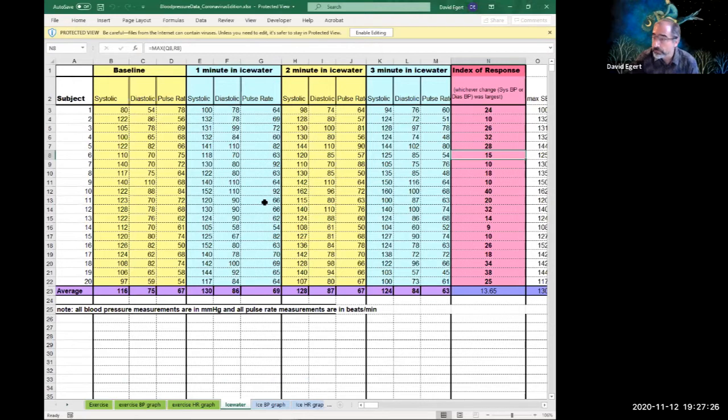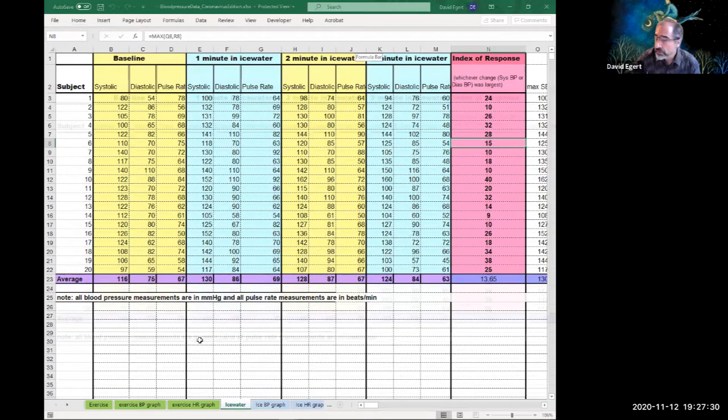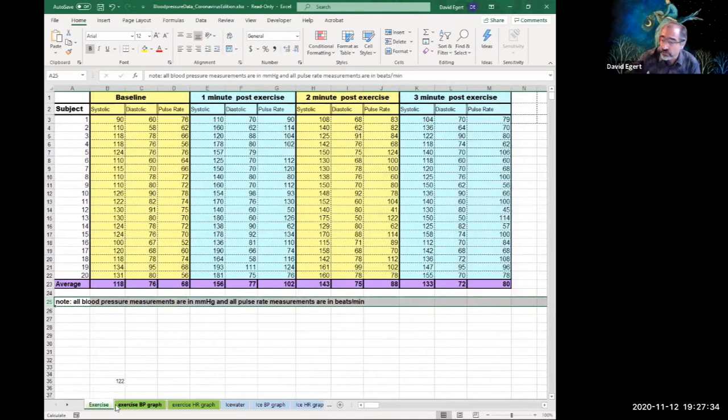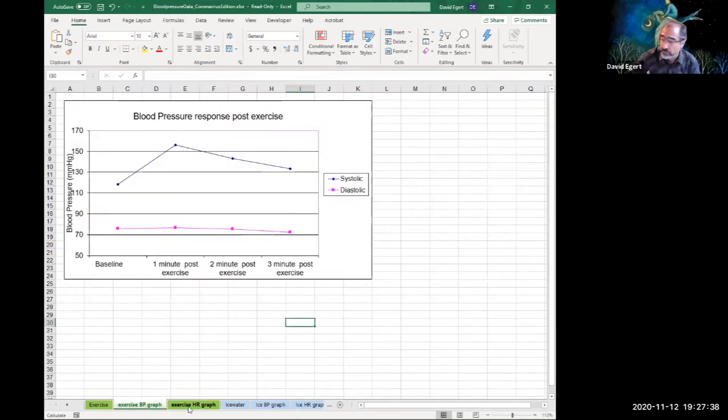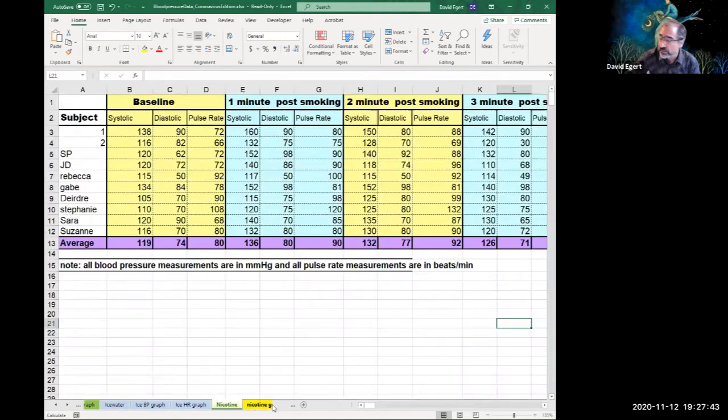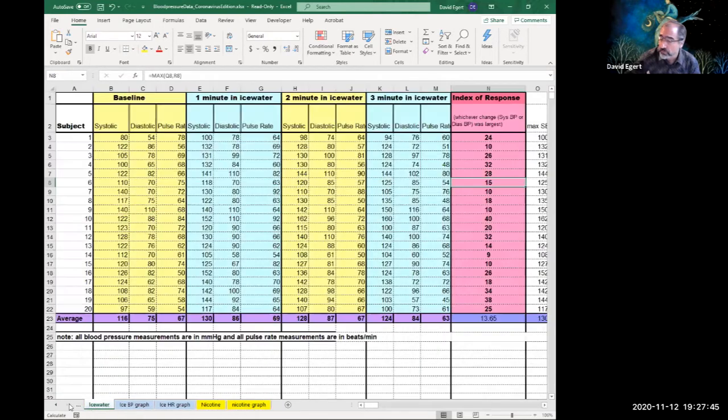And here we go. This spreadsheet has the exercise stuff. There are little tabs at the bottom: exercise graphs, ice water graphs, nicotine graphs. But for right now, we're going to start with exercise.